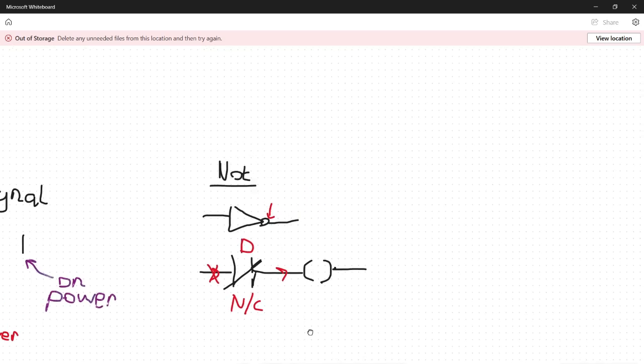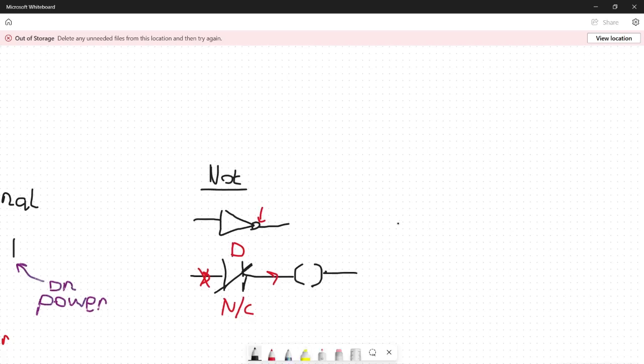We can then draw this in a sort of table called a truth table. If our input is A and our output is B, then this switch by itself is the NOT gate.